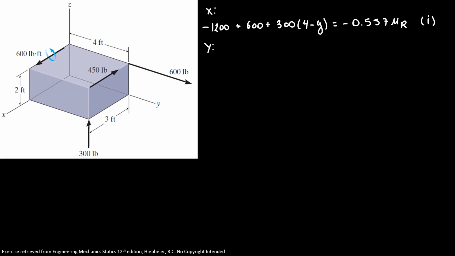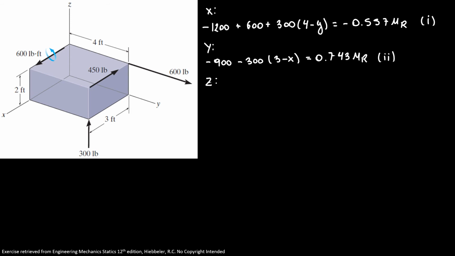For the y-axis I have minus 900 minus 300 times (3 minus x) equals 0.743 resultant moment. This is our equation 2.